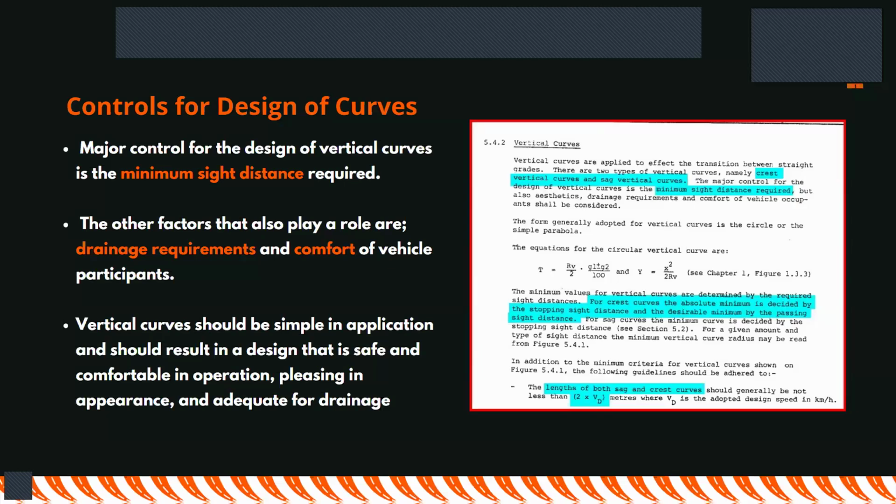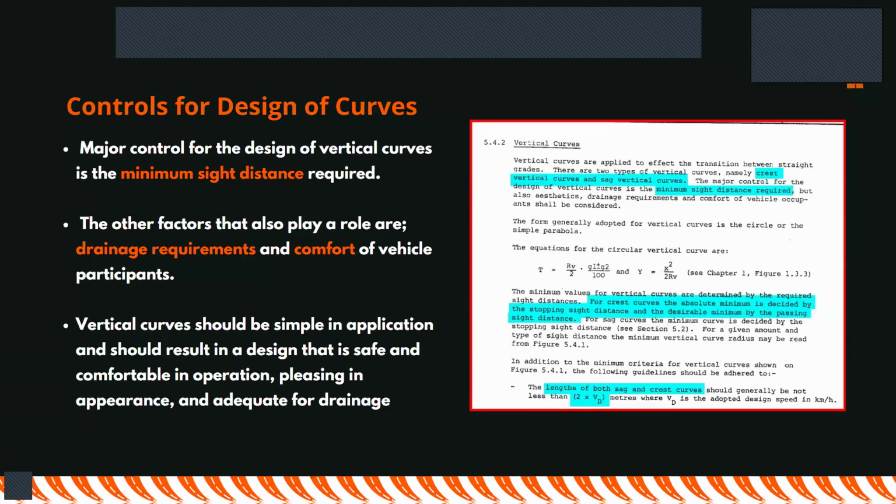What is stopping sight distance? It is the distance required by a driver to safely bring the vehicle to a stop in case they see an obstacle along the road.